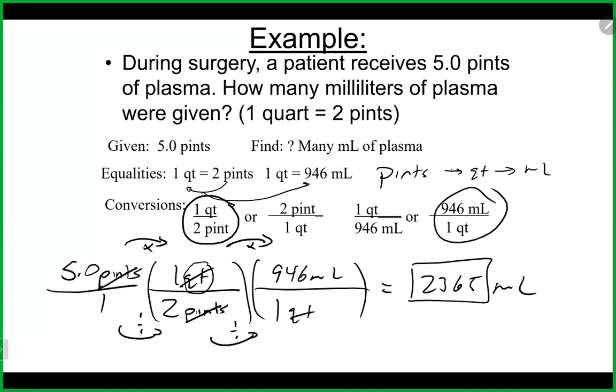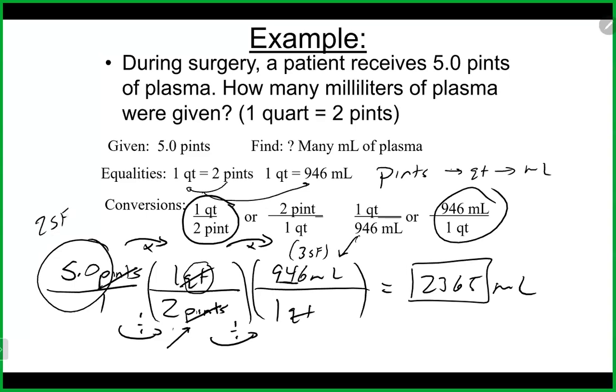Here we want to look at significant figures, right? So we take a look here. That is a metric to English conversion, which means we do need to look at the significant figures here. So this has 3 significant figures based off of this number. This one we do not need to worry about. We do need to worry about our original number as well, which is 2 significant figures.